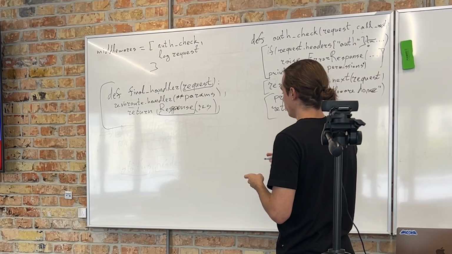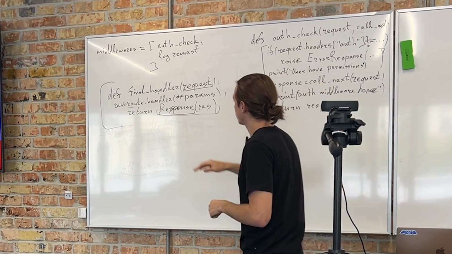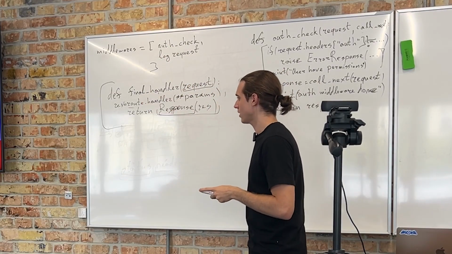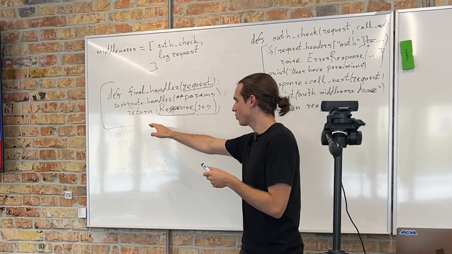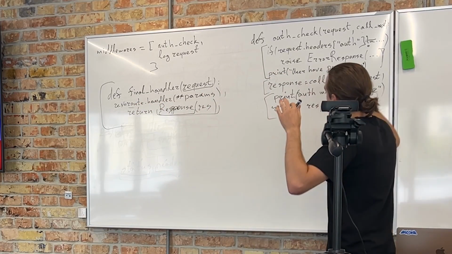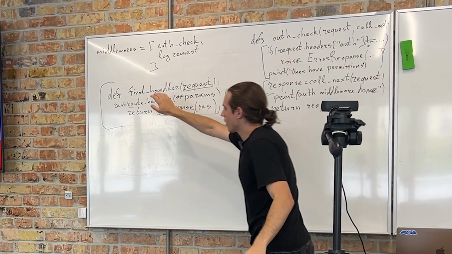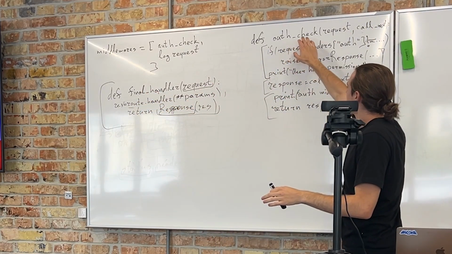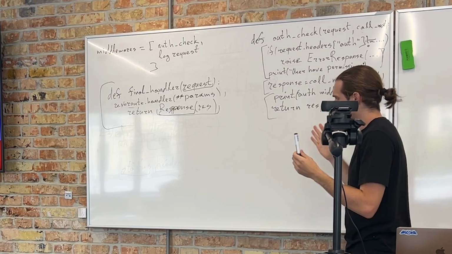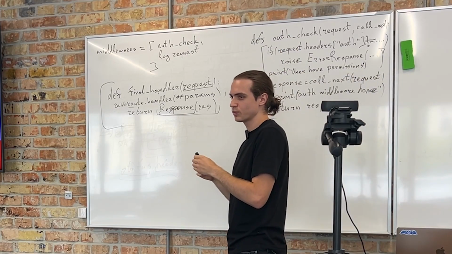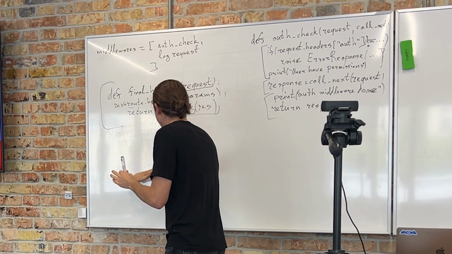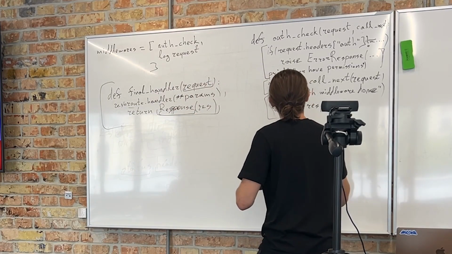So we registered auth check, and we have our final handler, the handler from the route that we registered before. How can we wrap our handler with our middleware?